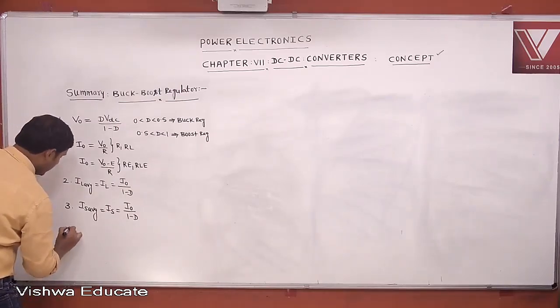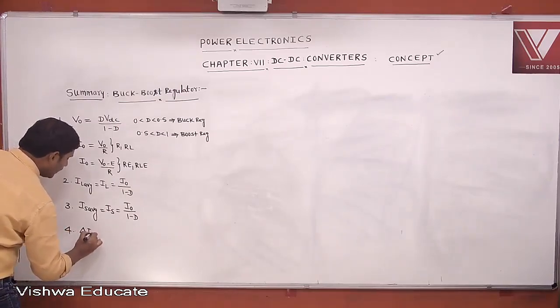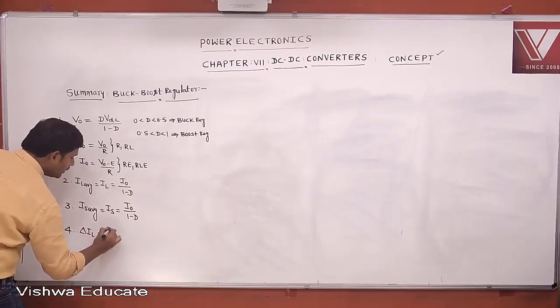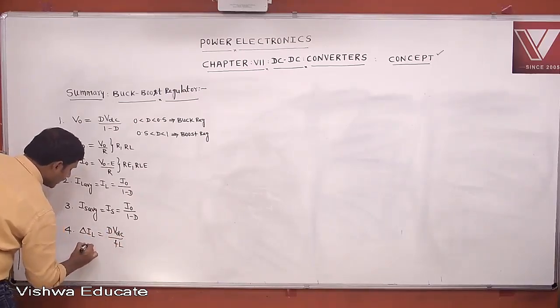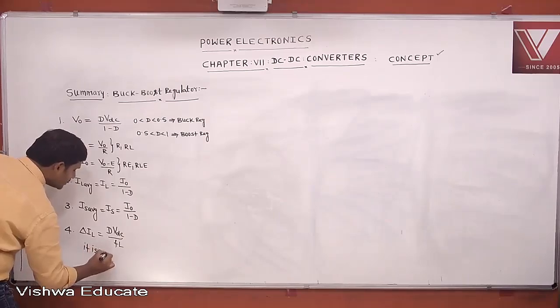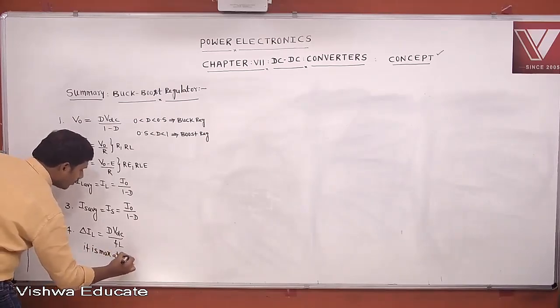Then peak to peak inductor ripple current is D VDC by f L. It is maximum at D equal to 1.